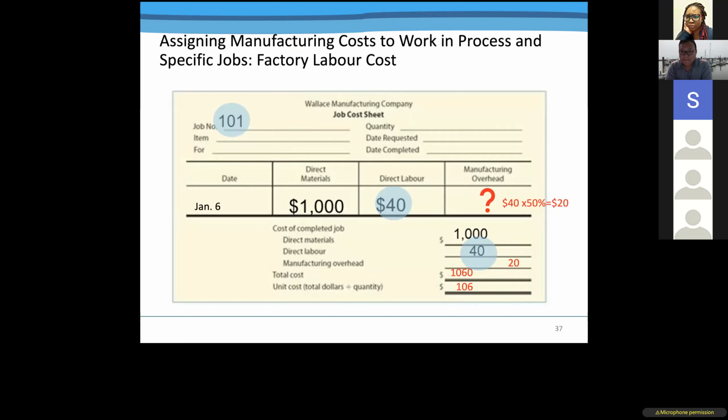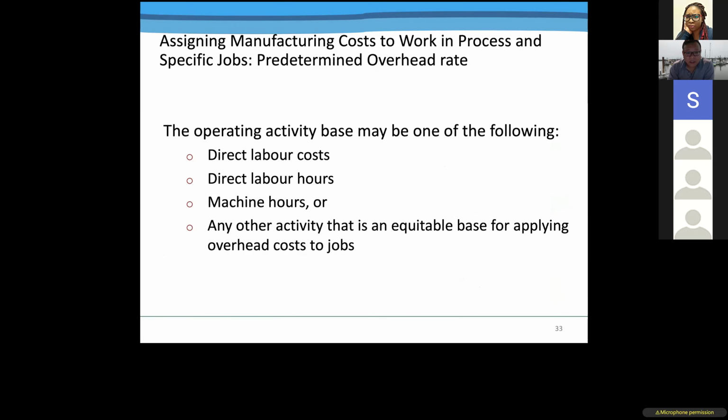Just real quick, what's the other stuff that was part of the operating activities? Labor hours, machinery hours, and what else? It could be any activities that are relevant, any activity that is an equitable base for applying overhead cost to the job.